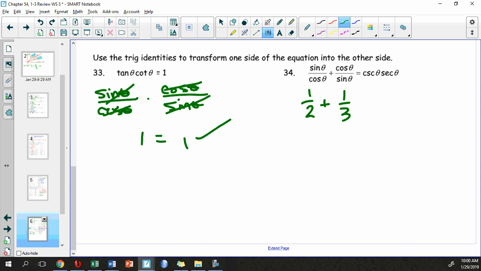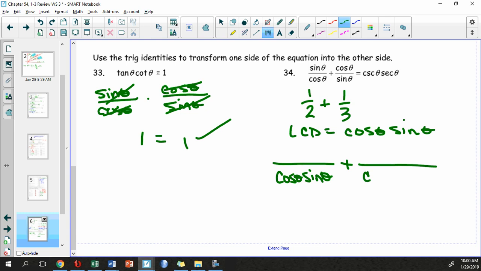What's your LCD between cosine and sine? So I need this one to turn into cosine sine, and I need this one to turn into cosine sine. Yes? What did I multiply cosine by in the denominator to get the new denominator of cosine times sine? I multiplied it by sine. What you do to the bottom, you do the top.